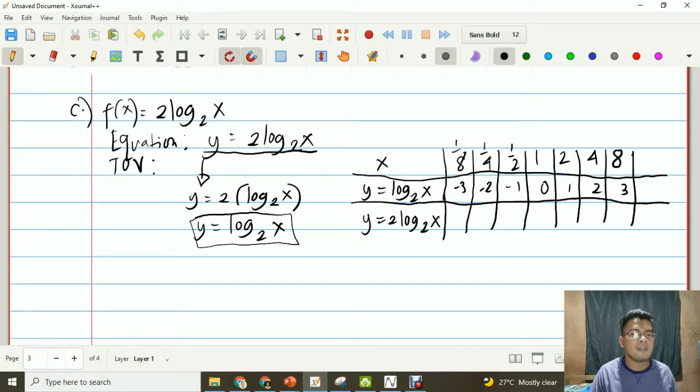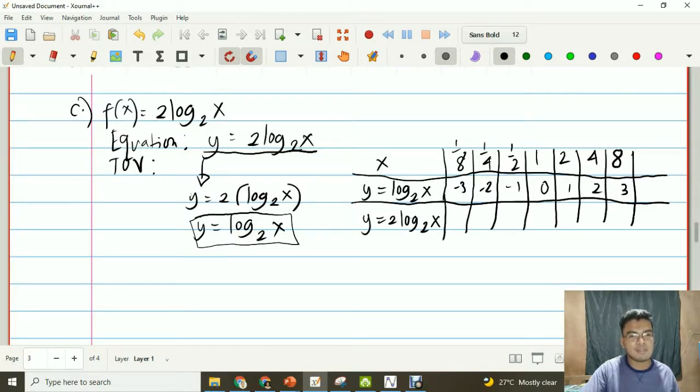So, we can generate the table of values by using the table of values that we obtained doon sa item A, which is y is equal to log base 2 of x. Kasi parang transformation ni y is equal to log base 2 of x yung given na logarithmic function. So, all we have to do is to multiply yung second row by 2.